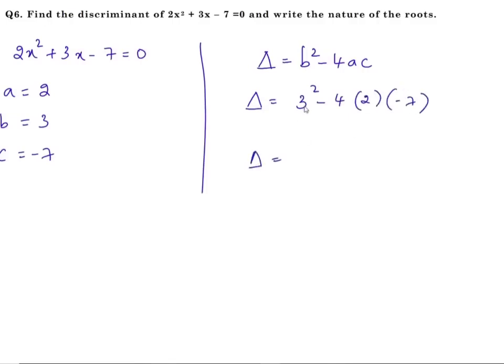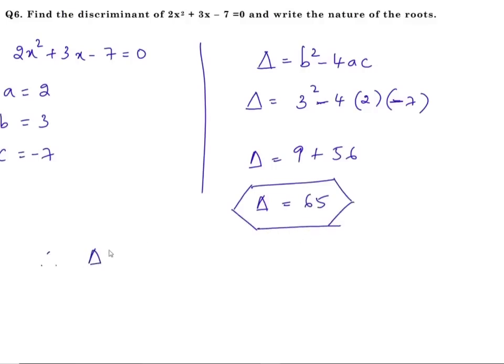Delta equals 3 square is 9. Now minus into minus is plus, 4 twos are 8, 8 into 7 is 56. Now 56 plus 9 is 65. We got discriminant delta equals 65.